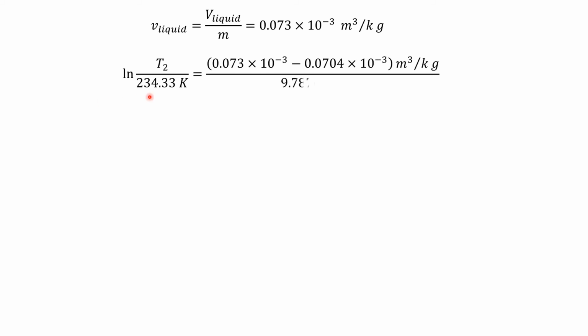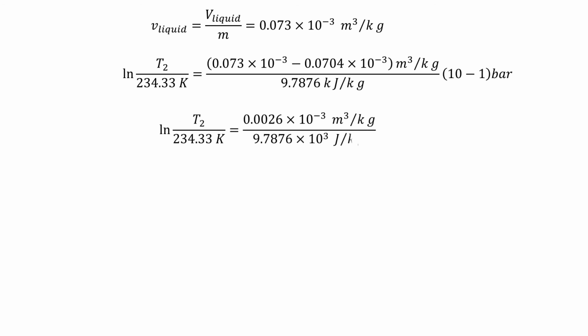Now in the previous equation we can put all values. T1 was already given, and this is the molar volume of liquid in meter cube per kg, and this is the molar volume of solid mercury, and this is the latent heat of fusion, and P2 and P1 are also given in the problem.